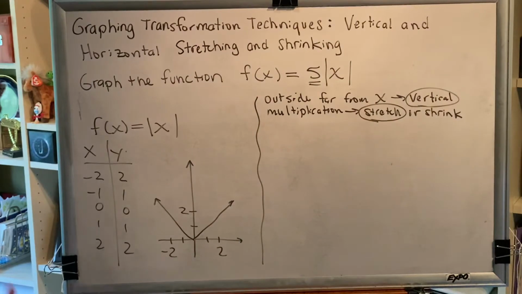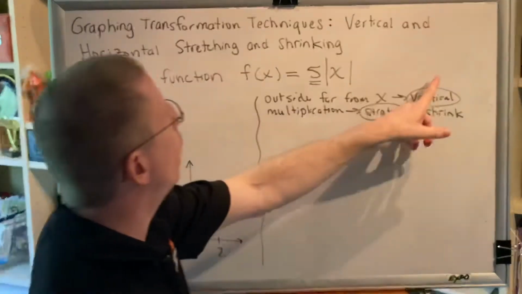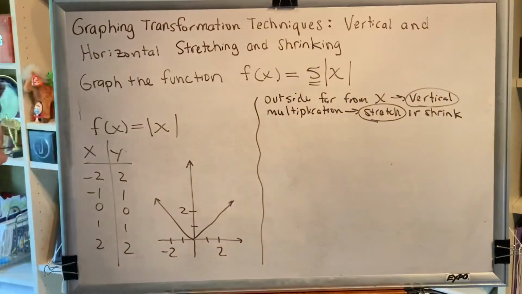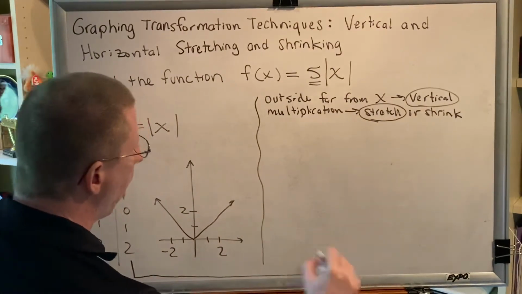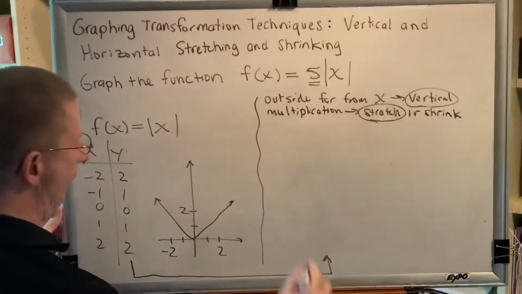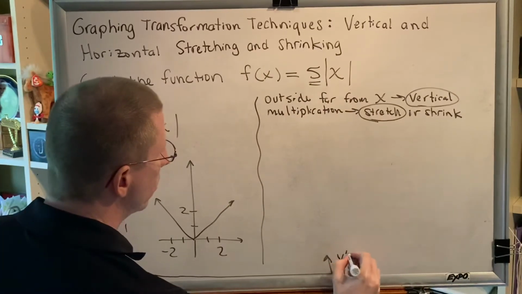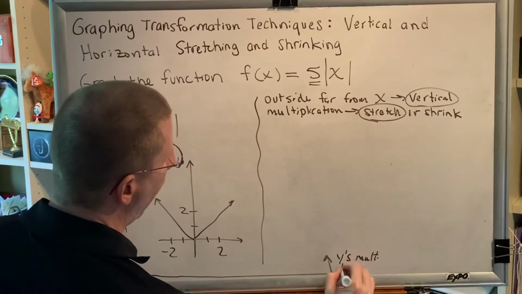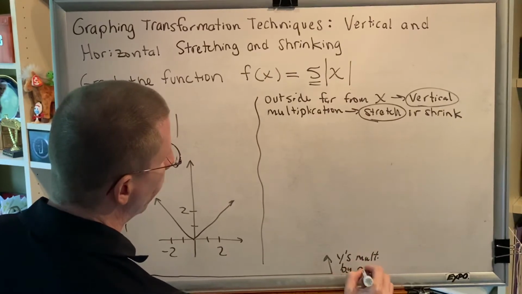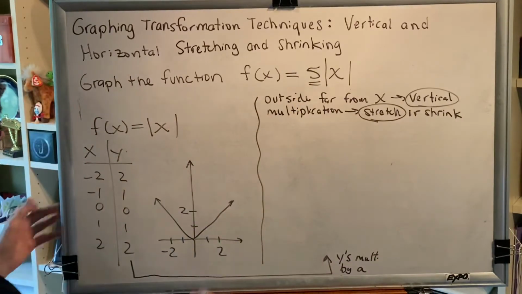How do we get a new set of coordinates? For a vertical stretch, all of the y coordinates get multiplied by a, which in this particular problem is 5.